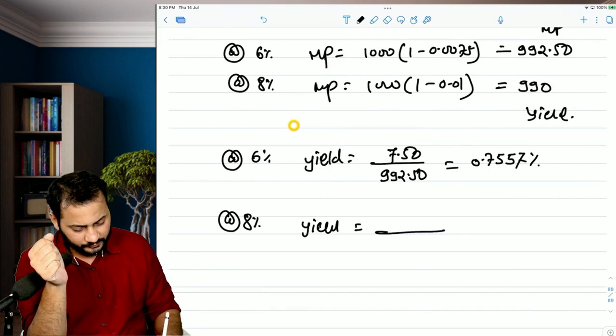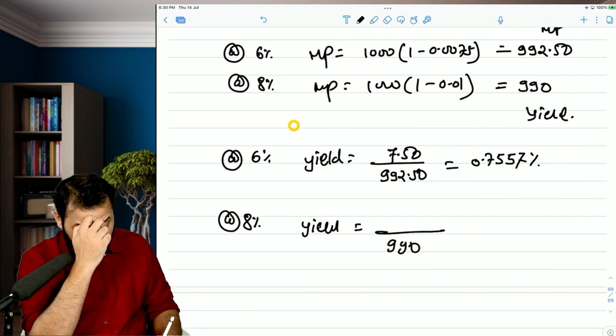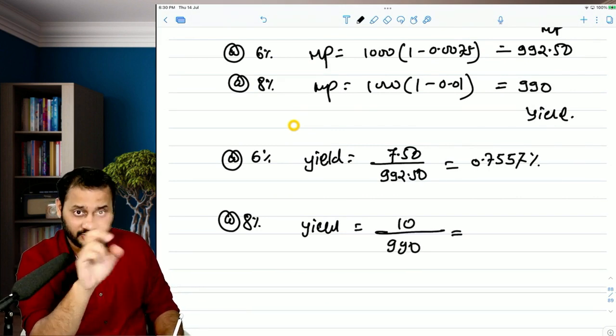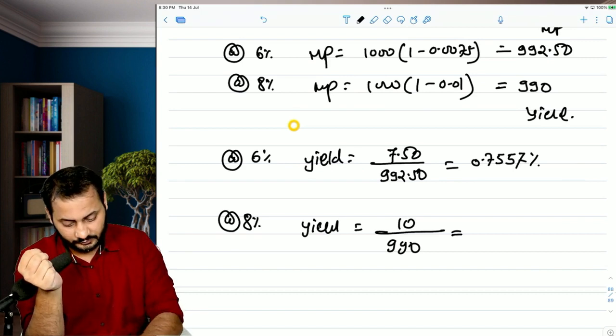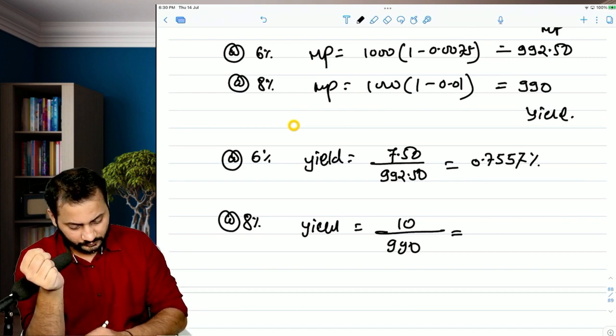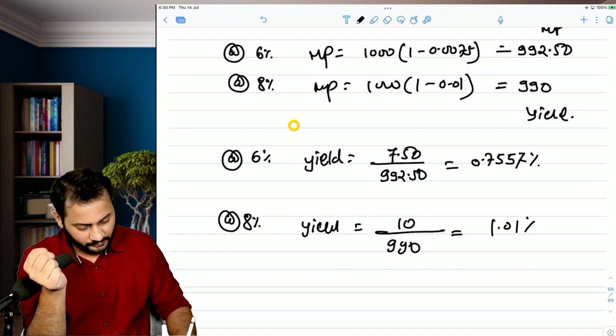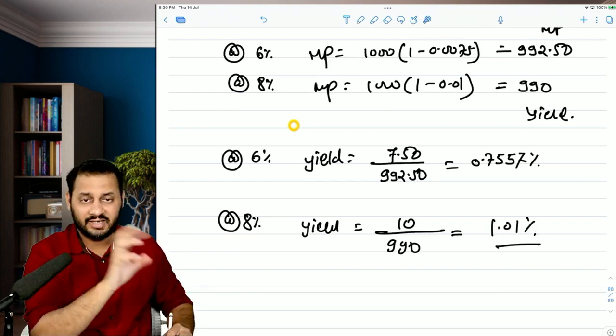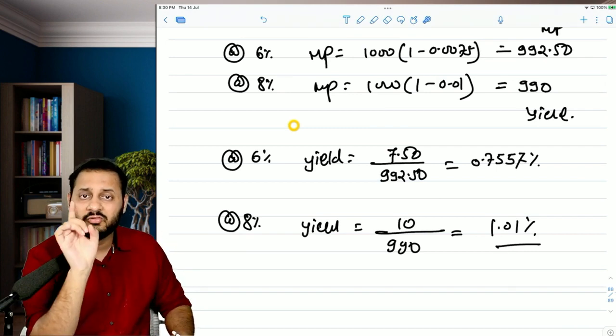And at 8%, yield is equal to 990 in the denominator and 10 rupees in the numerator, 1000 minus 990, that gives 1.01%. But that is only for 45 days.